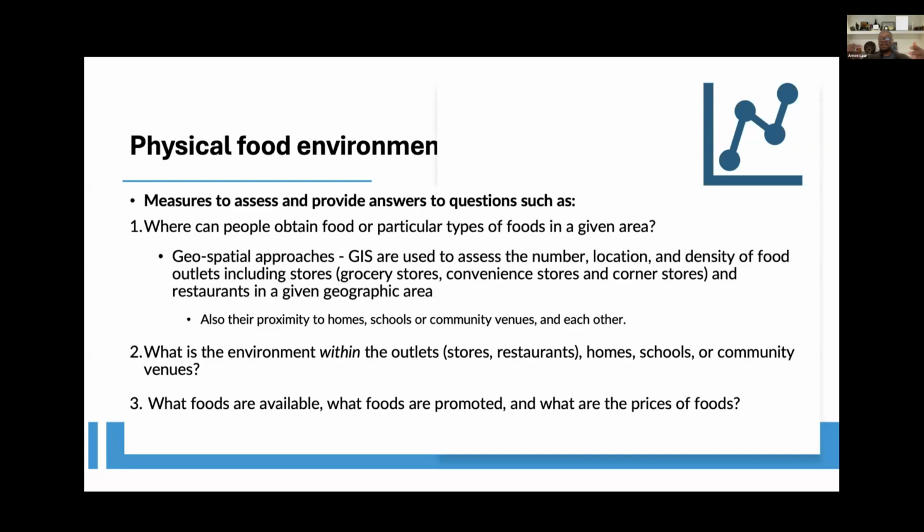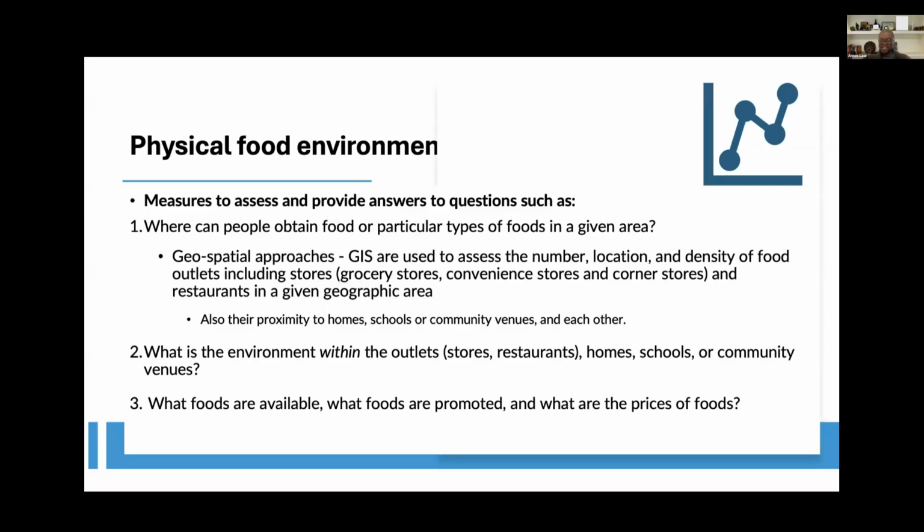You can use GIS to assess the number, the location, but also the density of food outlets. And outlets here would include stores, grocery stores, convenience stores, corner stores, but also restaurants. So that is one approach that is commonly used.